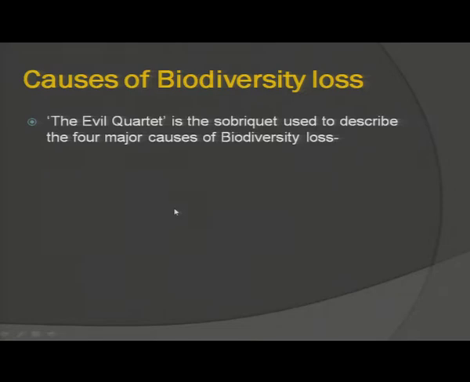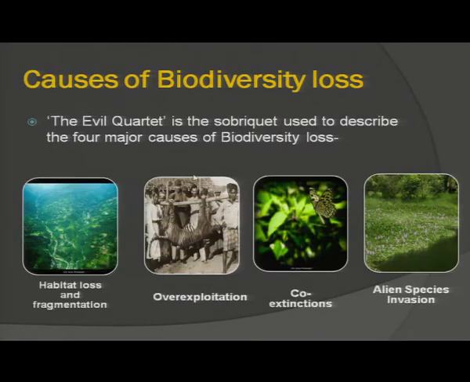What does this evil quartet comprise of? It comprises of number 1, habitat loss and fragmentation, number 2, overexploitation, number 3, co-extinction, and number 4, alien species invasion. Here the picture also gives you some idea about these things.